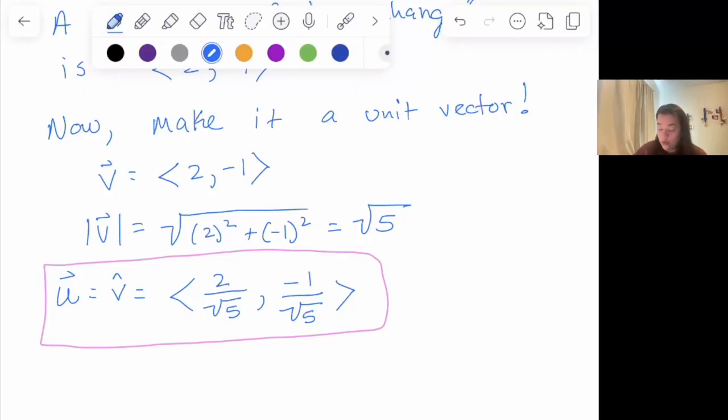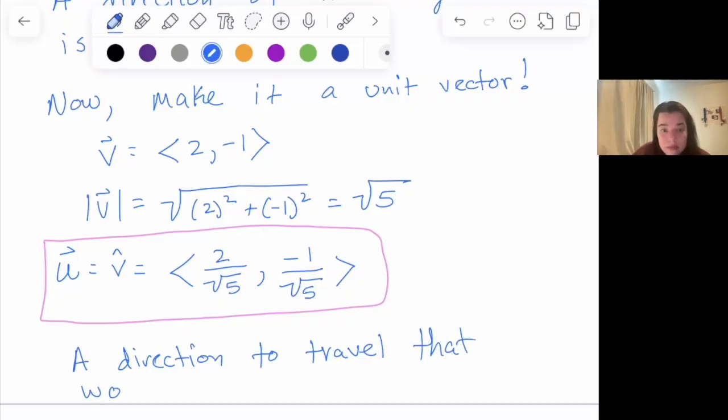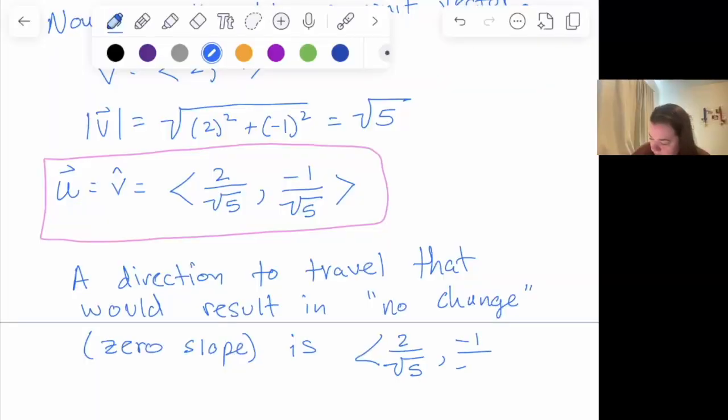There's also the other direction that would result in no change, and I'll highlight what that means in a minute here. But to summarize, a direction to travel that would result in no change, or if you prefer to think about it, a 0 slope, is this vector, and it is in fact a unit vector.